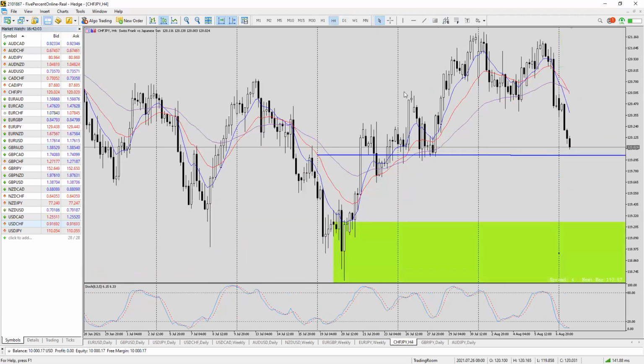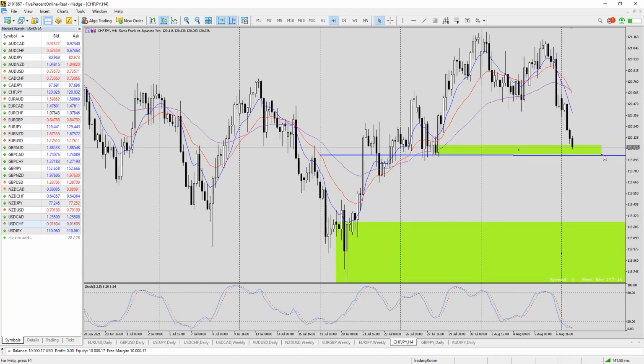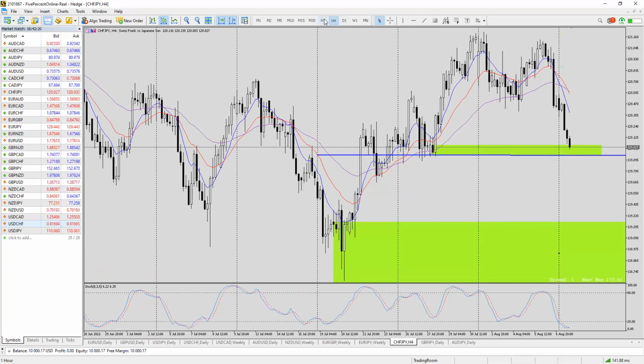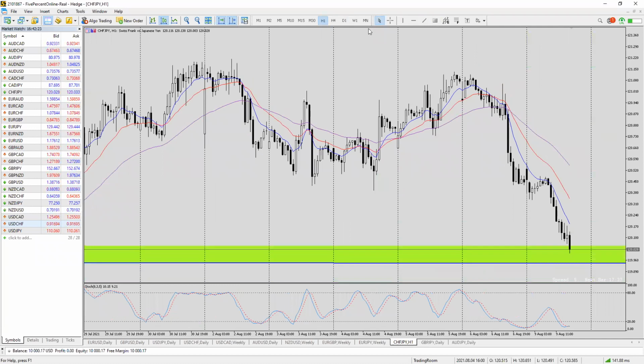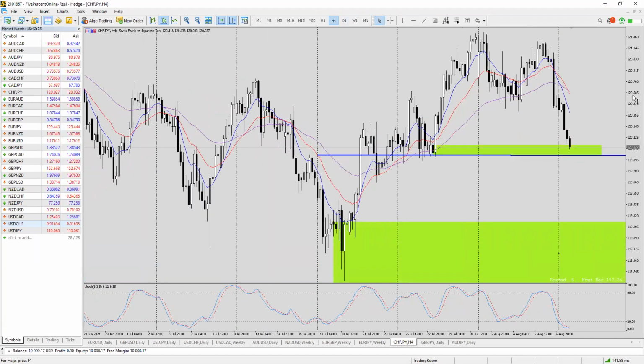So for intraday, if I were to look for positions, I would wait for the price to show clear signs of where it's going on the hourly or 4-hour chart here, because there's demand here.